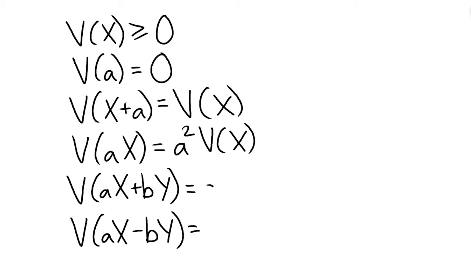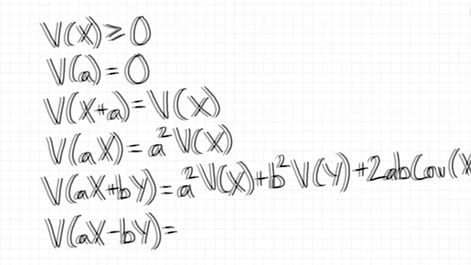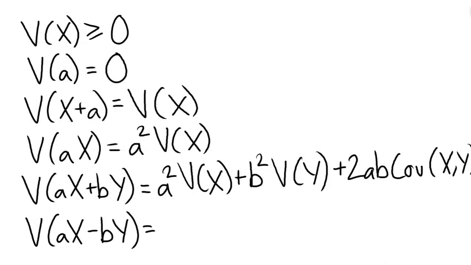So we have the constant squared times the variance of x, and then we will have plus b squared times the variance of y, and then we have one more thing we need to take into consideration, and that is plus 2ab times the covariance of x, y. And we can't see everything, so I will just push it a little there.